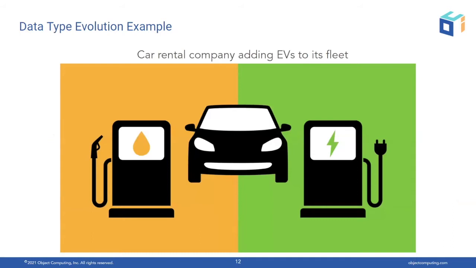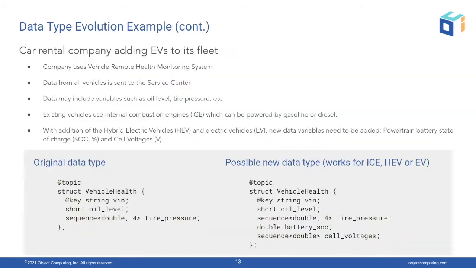Let's go back to the system evolution scenario. A use case for it may be a car rental company. It already has a fleet of internal combustion engine cars and now is adding hybrid and electric vehicles. So let's say the company uses a vehicle remote health monitoring system, which collects data from all vehicles to the service center.